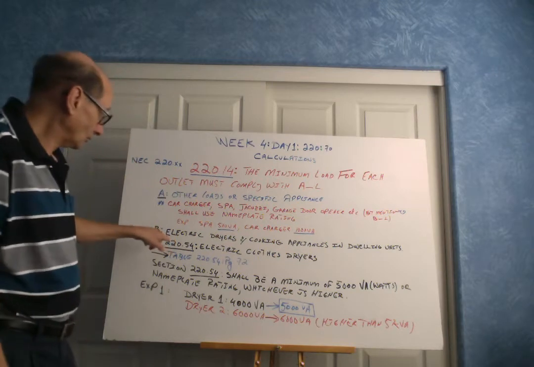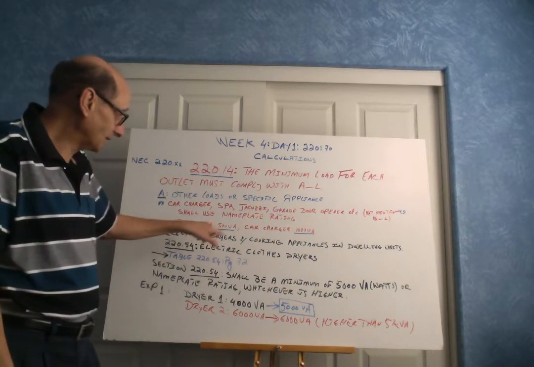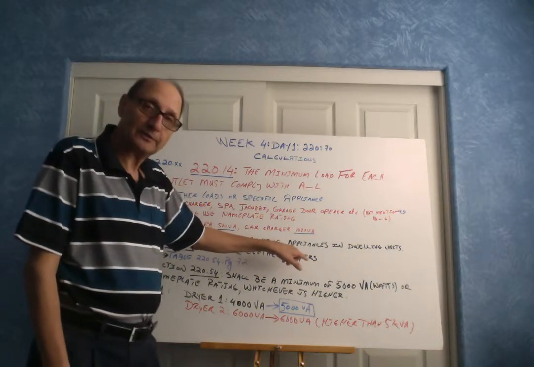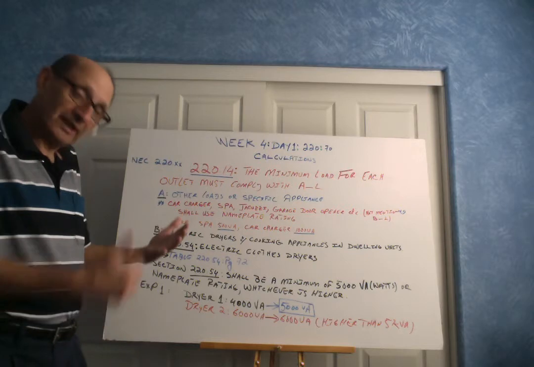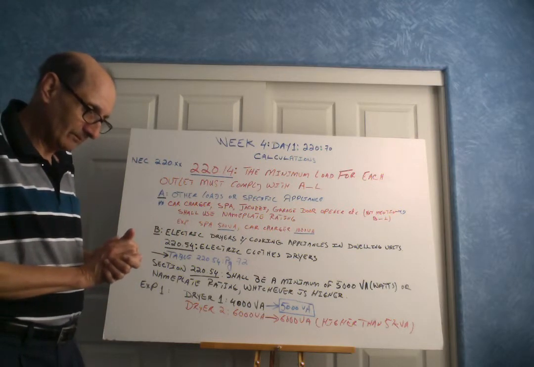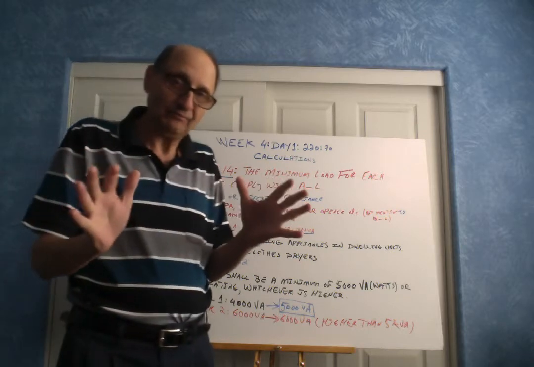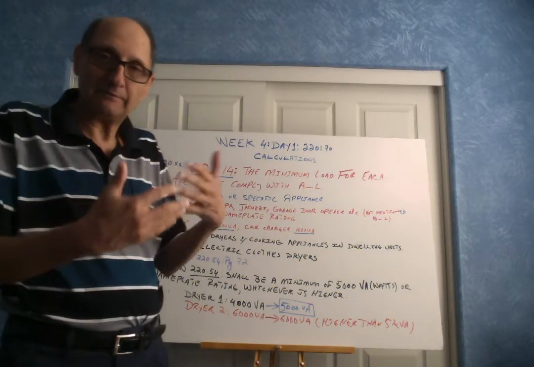Now section 220.54 is electric clothes dryers. Previously in the past, those dryers were electric. Of course, nowadays people have gas dryers.